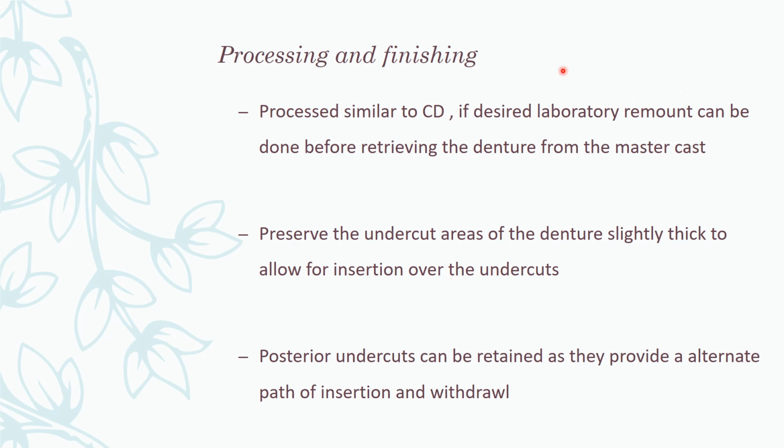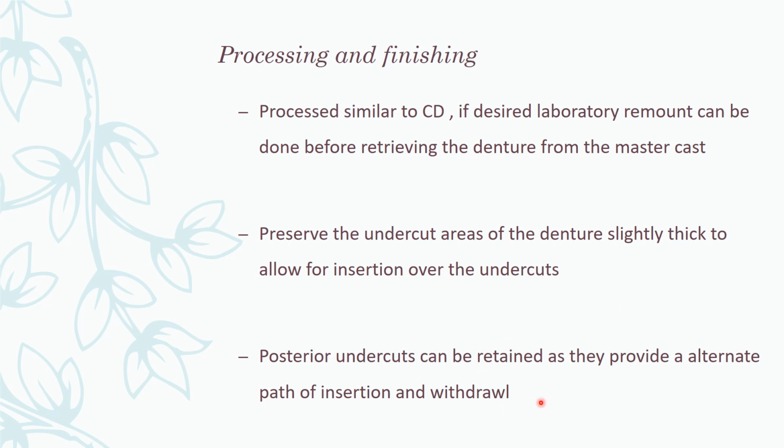When we covered the last lecture on relining, rebasing, and denture repair, we had talked about it. Lab remount is a way of relining, rebasing our denture. We have to preserve the undercut areas of the denture slightly thick to allow the insertion over the undercuts. So again, you have to be careful around the undercuts. And you have to have a straight line path of insertion, otherwise you will not be able to fit in the prosthesis.